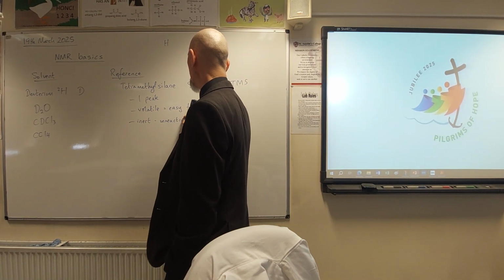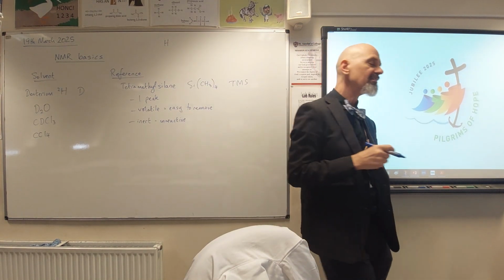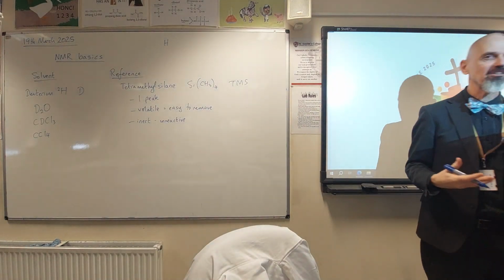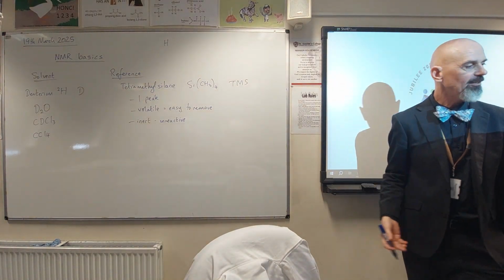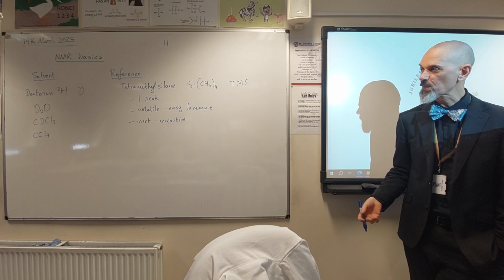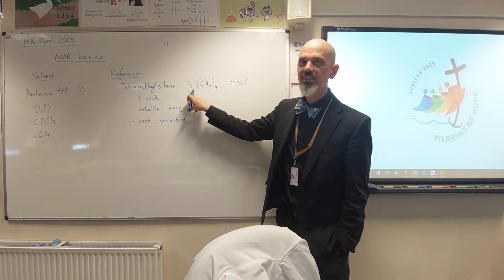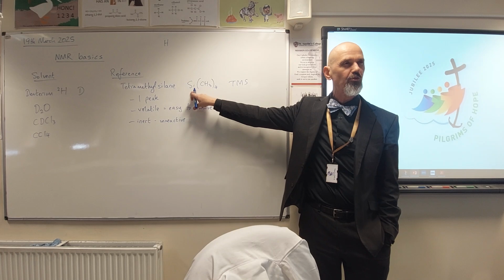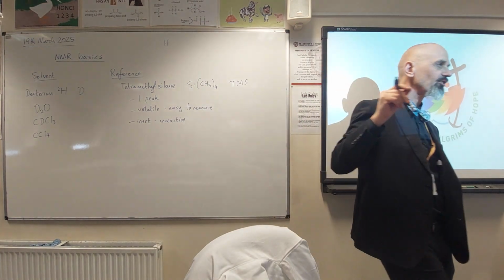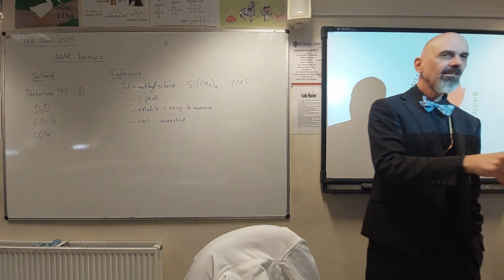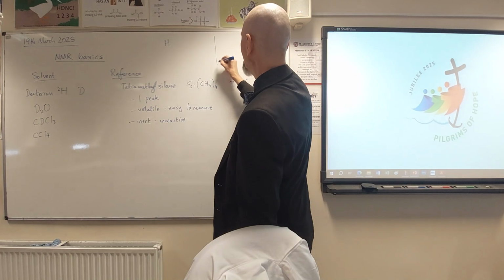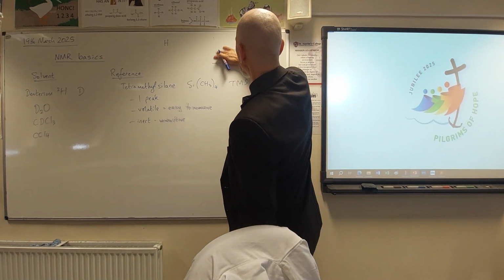unreactive. So whatever it is that you've got to test your NMR sample, it's probably not going to react with TMS. And most importantly, because silicon isn't electron withdrawing, in fact it's the opposite, it's electron donating. When we look at our, there's no line up there, is there?